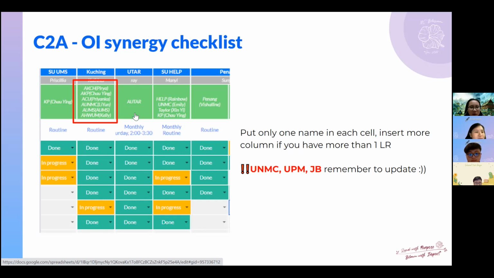You can insert the column itself. You can refer to how TU does it, they also do it correctly. And for your NC, UP, and JB, remember to update, or you can update anything. I will keep track of this, and I will call you out inside the group if you don't update. And I'm thinking how to punish you all in the next commission call if you all didn't update.